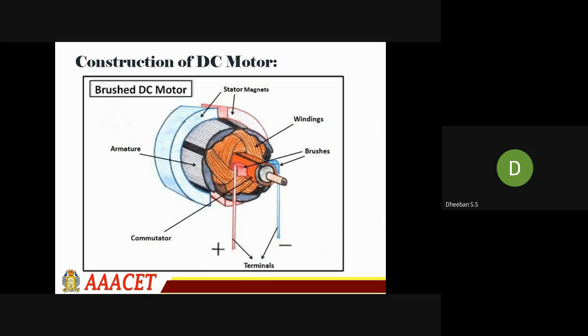This is the construction of a DC motor. Your DC motor will be having two main things, which is your stator, and the armature, which contributes to your rotor, the rotating part.